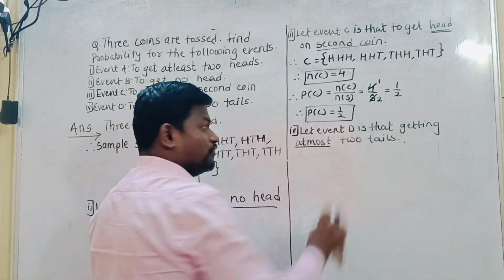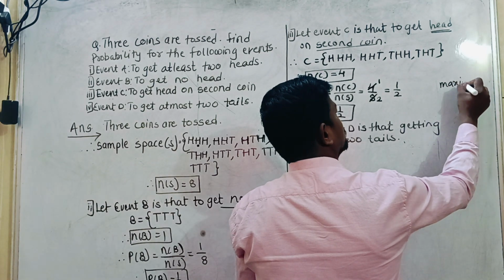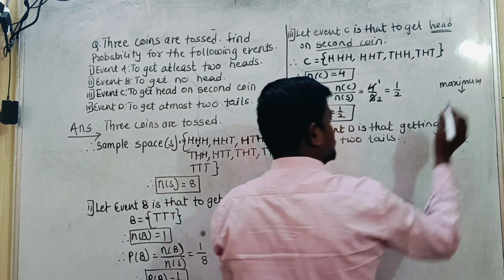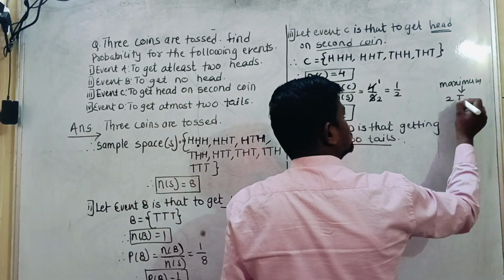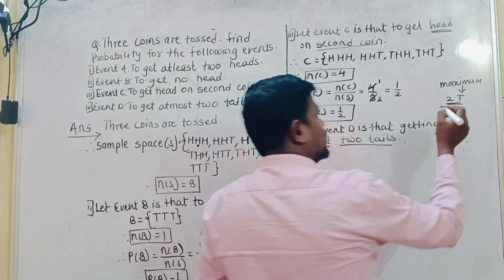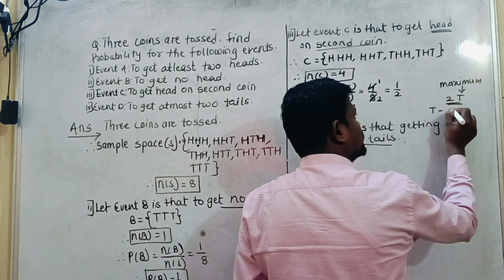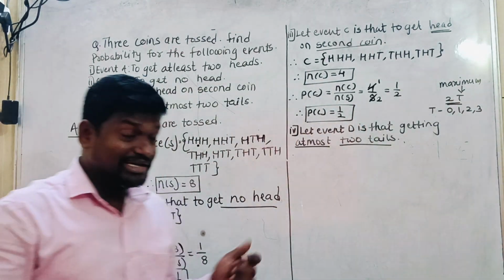So we have to find the maximum, how much? 2 tails. Our possible answers for tails are 0, 1, 2, 3, as I said earlier.